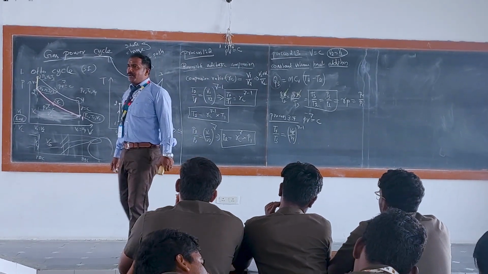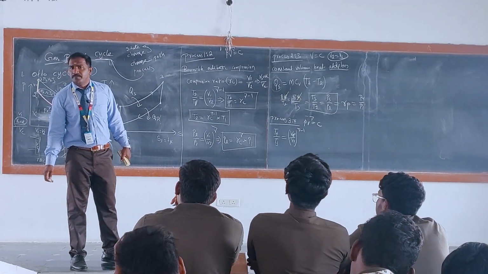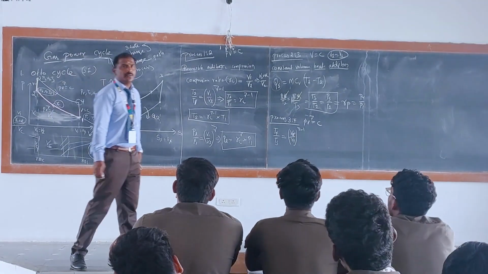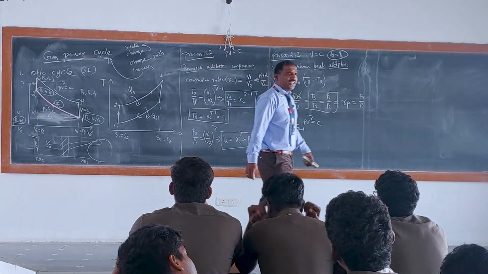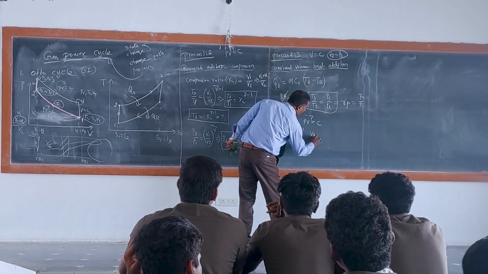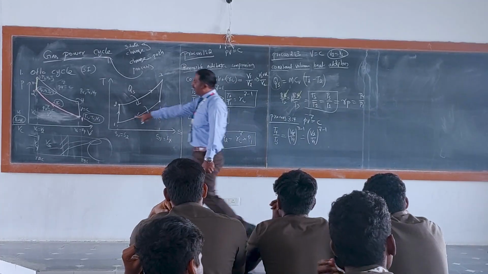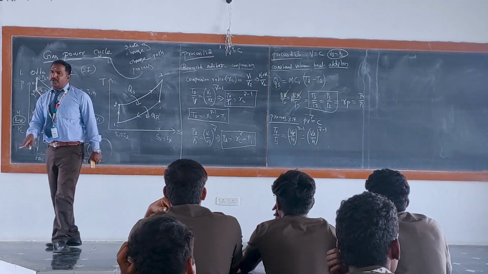How can we write V4 by V3? V3 is equal to V2, V4 is equal to V1. So it is V2 by V1 whole power gamma minus 1. Here I have written it: V1 is equal to V4, V3 is equal to V2.